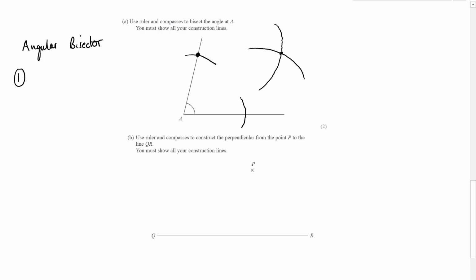And then this point here, if you match a line up with A, should be the angular bisector of this angle. Now this one's a bit skewed because I don't have a protractor. These are rough sketches of what you would want to do, but if you try and carry this out by yourself, you should see that it would be exactly half.